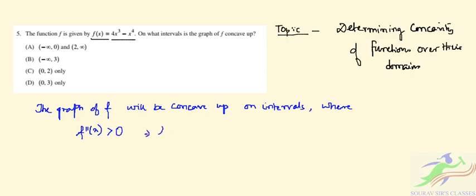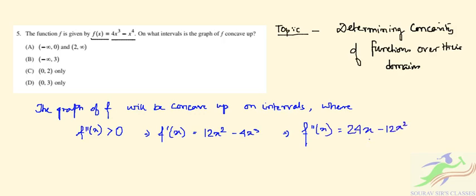So we have f prime of x will be 12x square minus 4x cube, right? So what will be f double prime? f double prime of x is equal to 24x minus 12x square, right?